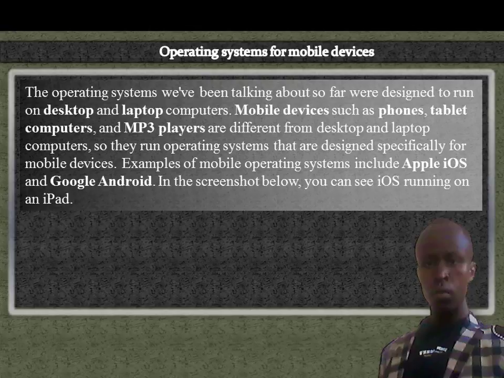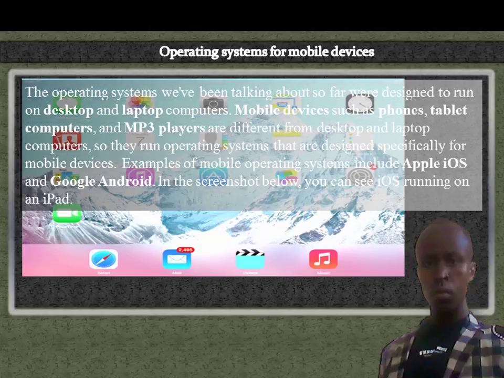Examples of such include Apple iOS, for devices designed and manufactured by Apple, and Google Android for other devices. In the screenshot, you can see iOS running on an iPad.